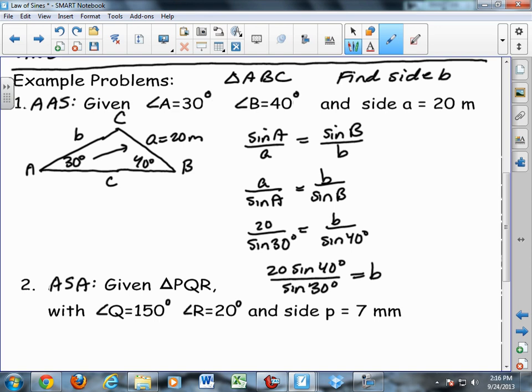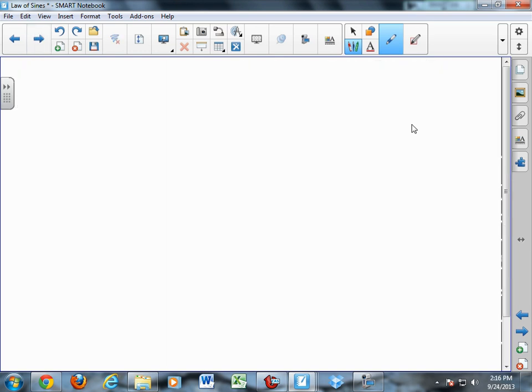Now, in case you didn't think to flip over these expressions, let me show you another way to do this. So I'm just going to flip over and show another example. So I could have sine of 40 over b is equal to sine of 30 over 20. And I can do what's called cross multiplying.